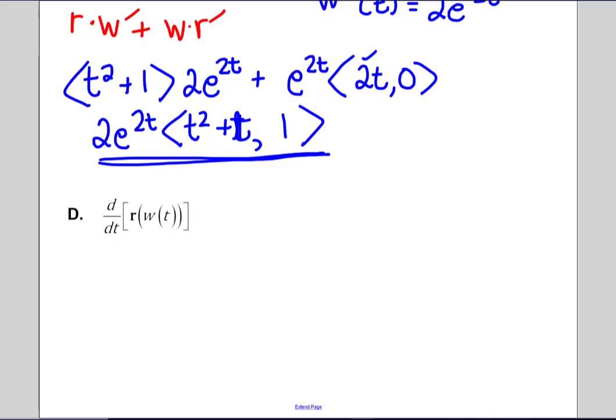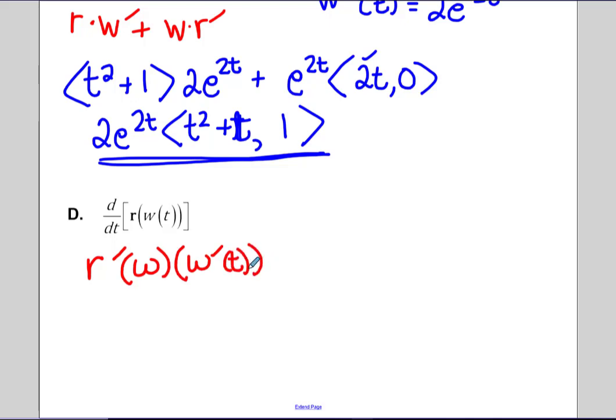And then part D, we're taking r of w of t, so this is the chain rule, and the chain rule is going to be r prime of w and then w prime of t.